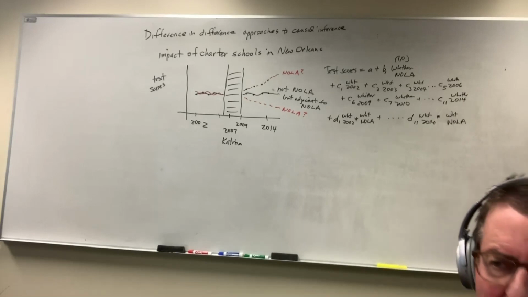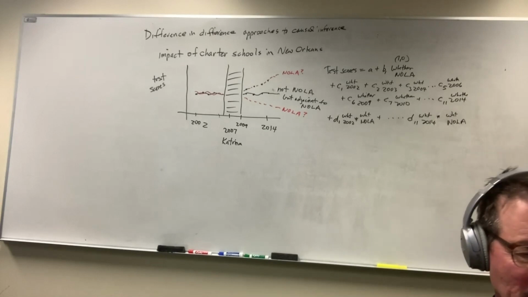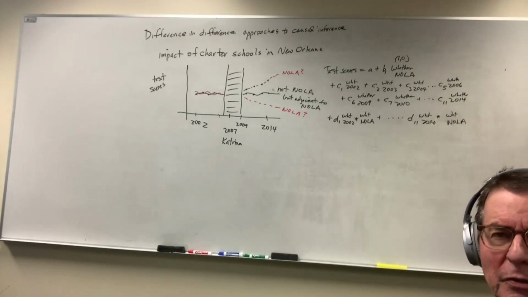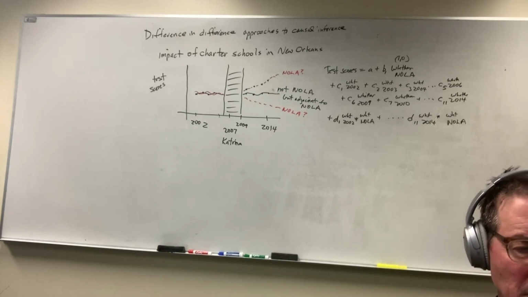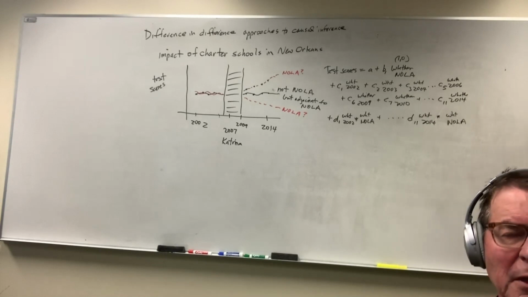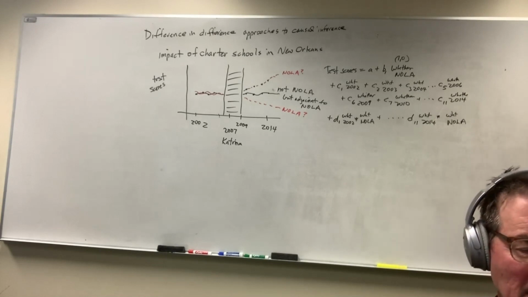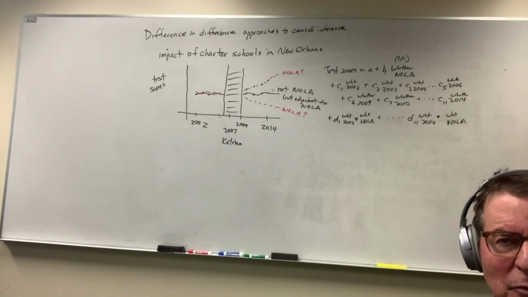But the point here is not to think about charter school policy. There's a lot of twists and turns to the story of charter schools in New Orleans. But instead, the idea is to see how this event of interest, which is a conversion to charter schools, would not have happened in the absence of Katrina.